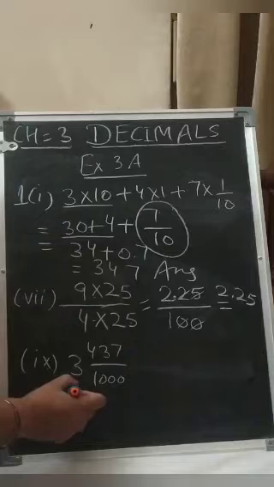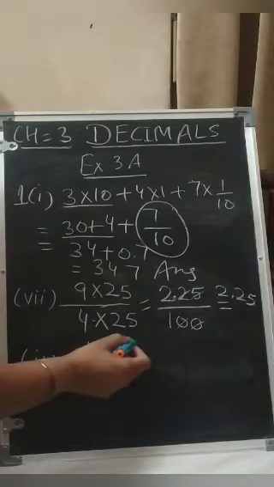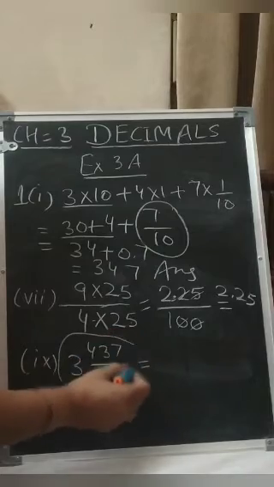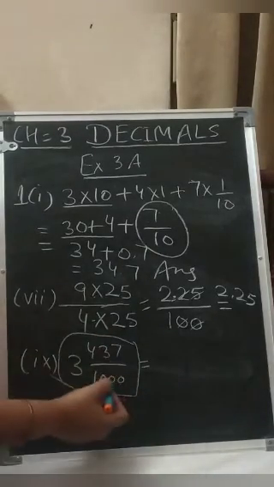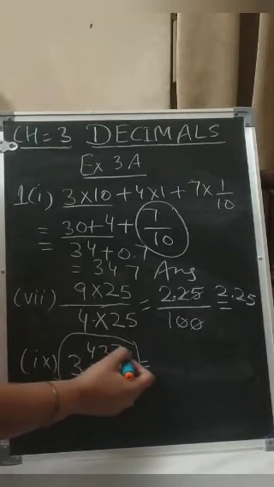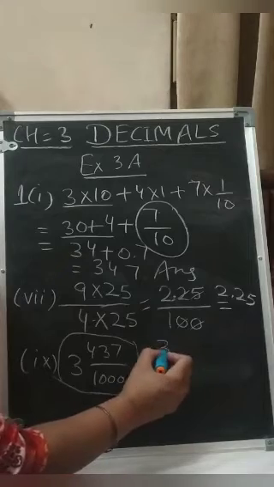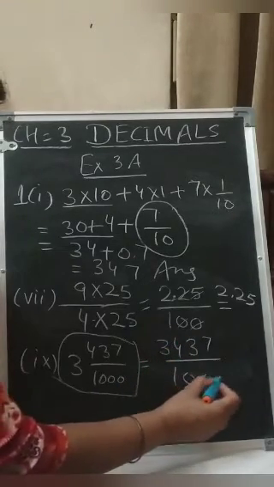Now you can see this question, the 9th part. First of all, whenever a mixed fraction is there in any question, you have to change it into an improper fraction. You know the method. 1000 multiplied by 3 is 3000, plus 437, it will become 3437 over 1000.